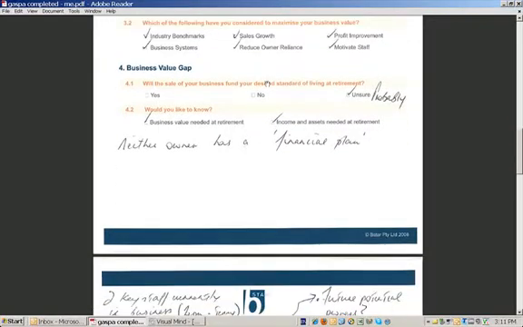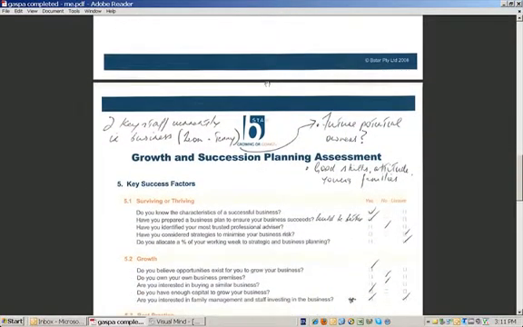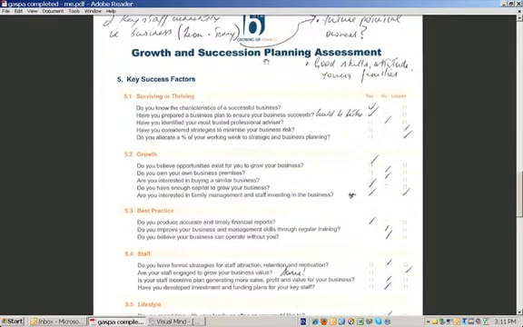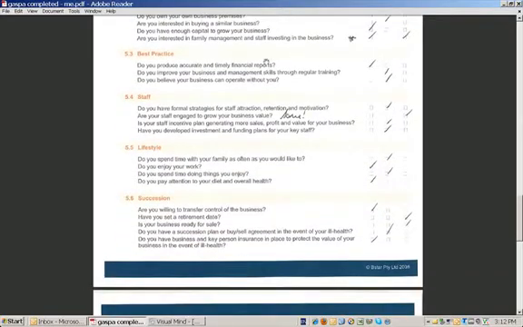The rest of this document then enables you to drill down further and have a discussion about the business's characteristics, its key success factors, and identify the issues the owners are dealing with, so that we can come back and agree how we can work with them to help them position themselves better for the future.